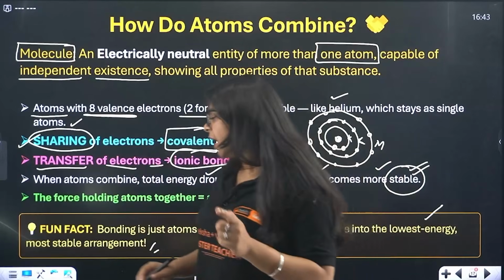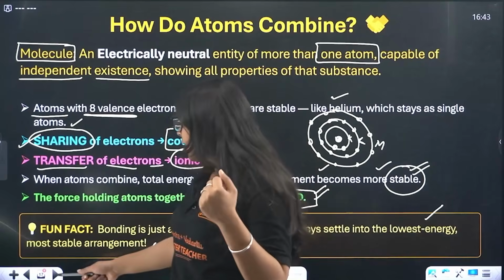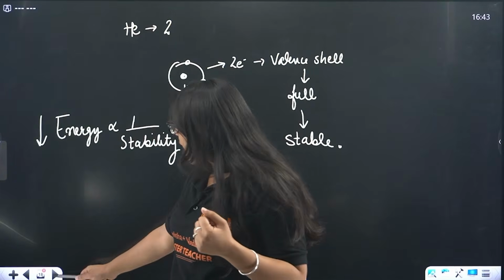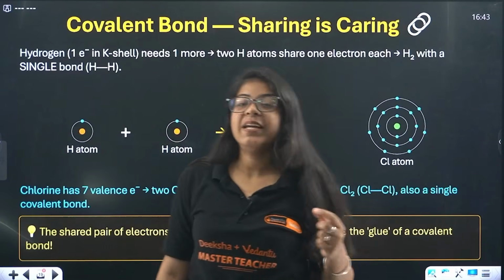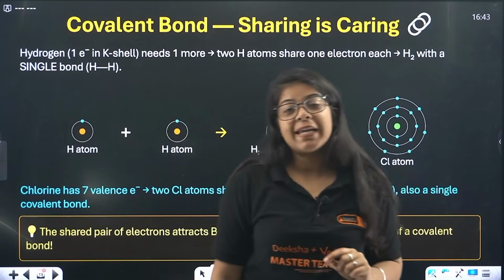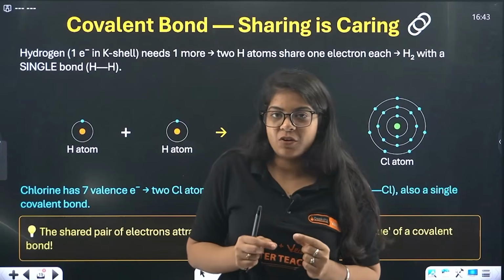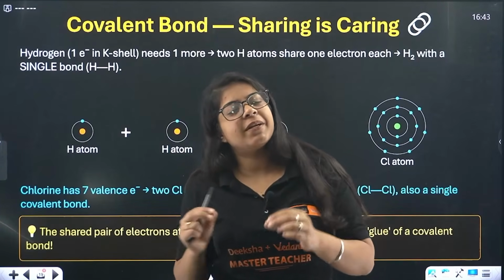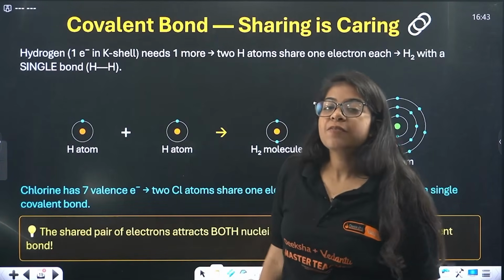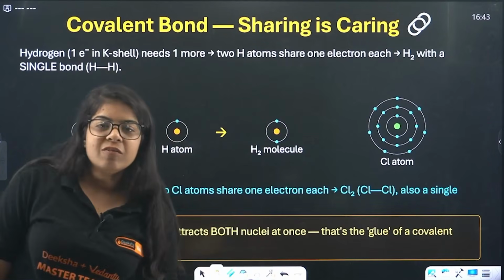Okay. Now beta, talking more about these bonds, these are our chemical bonds. We have 2 things to study. We saw that atoms combine by sharing of electrons or transfer of electrons. Now we'll go a little bit deeper into that. First thing, when they combine by sharing, that is called covalent bond.